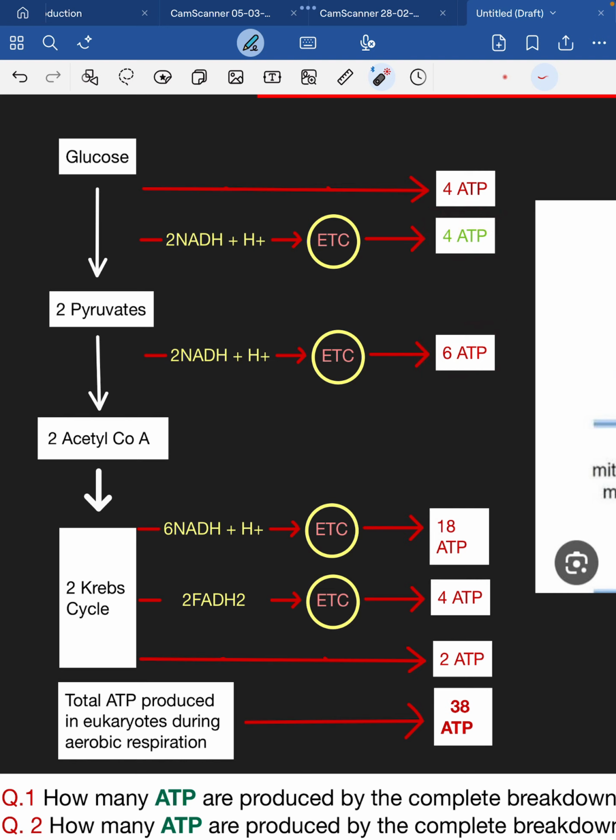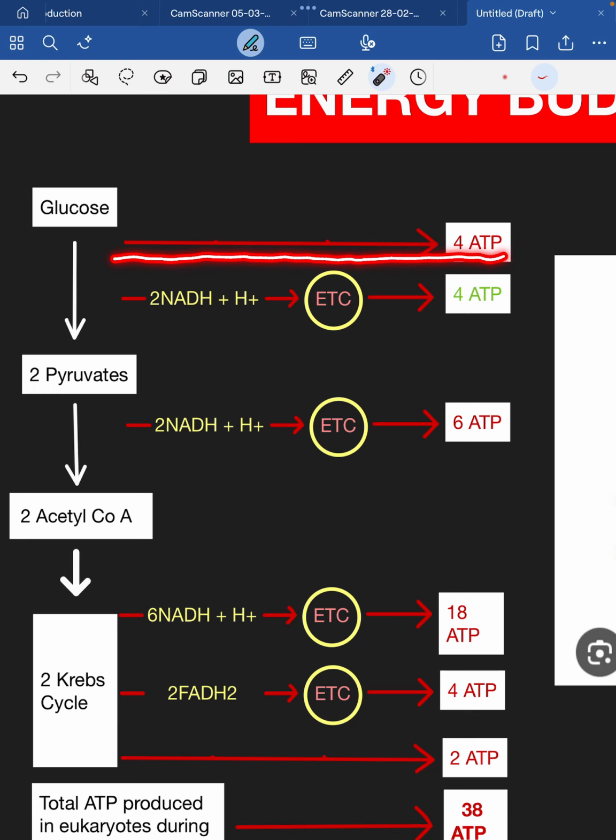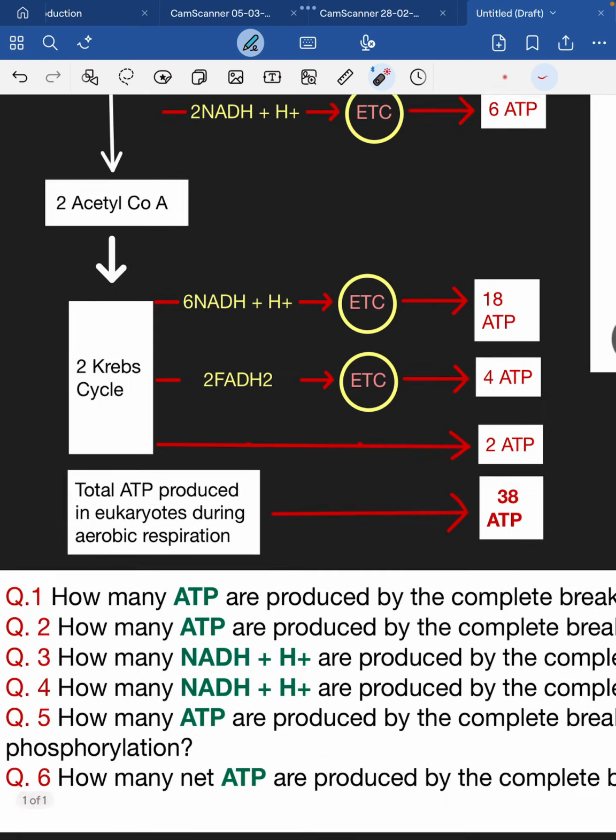Now what is substrate level phosphorylation? Simple. The ATP which are formed directly, and no electron transport chain is involved. If a phosphate molecule is transferred from a substrate to the ADP molecule with the help of an enzyme, we call it substrate level phosphorylation.